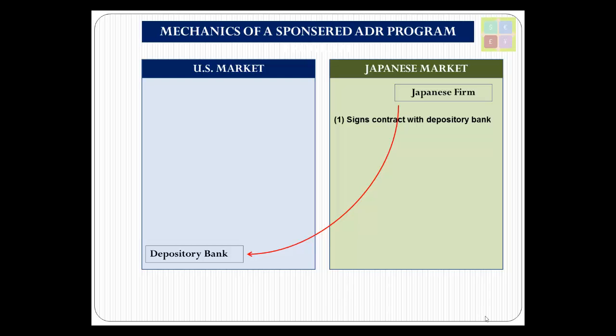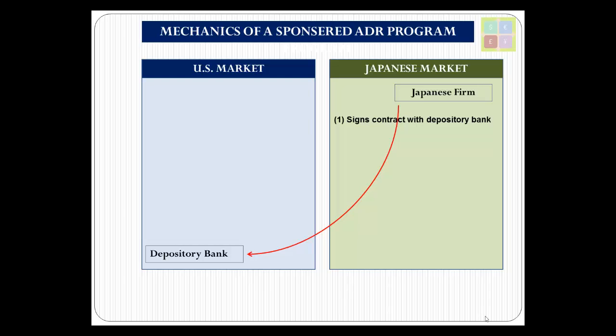So the depository bank, as a part of its contract with the Japanese firm, is going to withhold taxes for US investors, is going to pay out dividends on behalf of the company, is going to send out all kind of communication to investors. So everything that needs to be communicated to investors, all investor related services are provided by the depository bank in the United States.